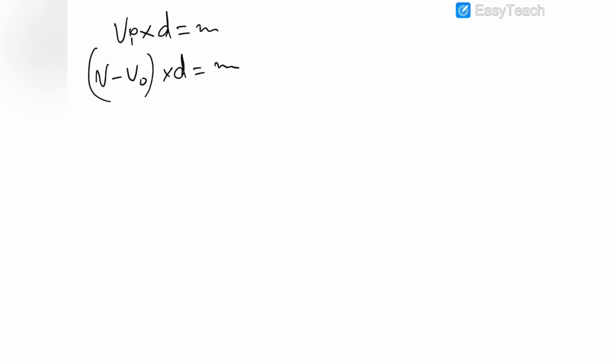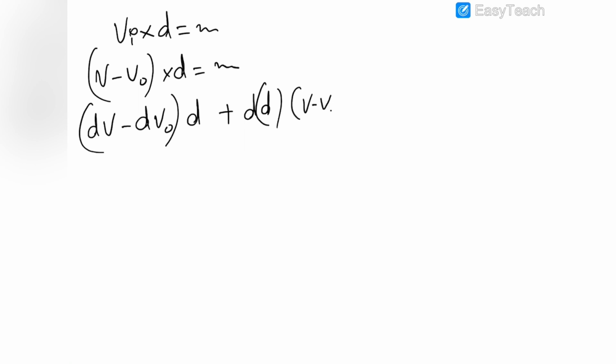So let us differentiate this equation. So (dV minus dV0) into D plus dD into (V minus V0) is equal to 0.